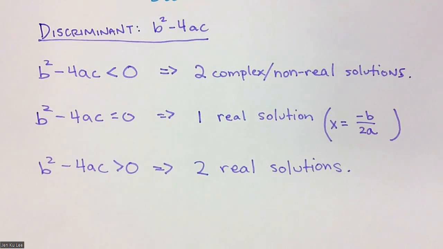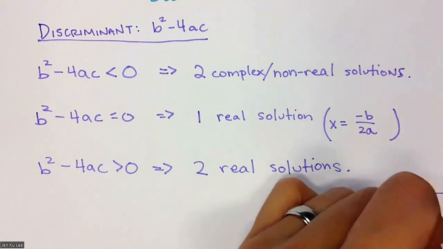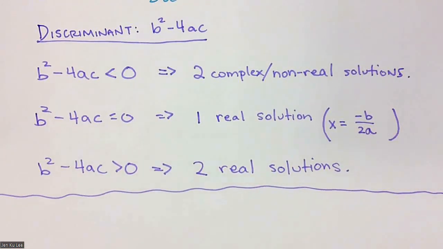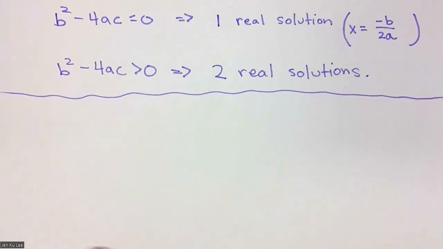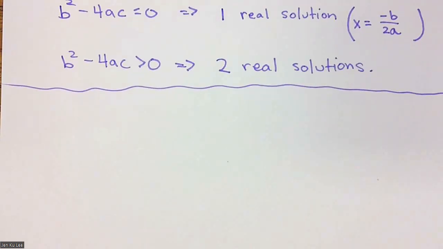All right. Now let's get into some examples. This part is really simple because you already know how to use the quadratic formula, and you know how to simplify the square root of a negative number.